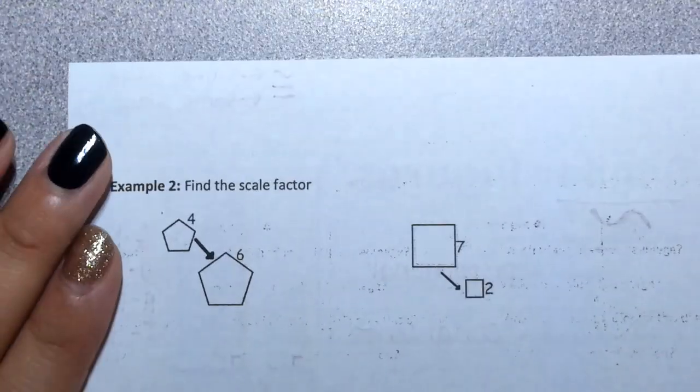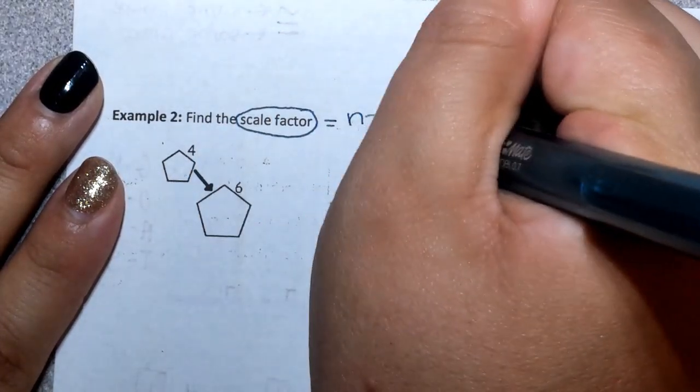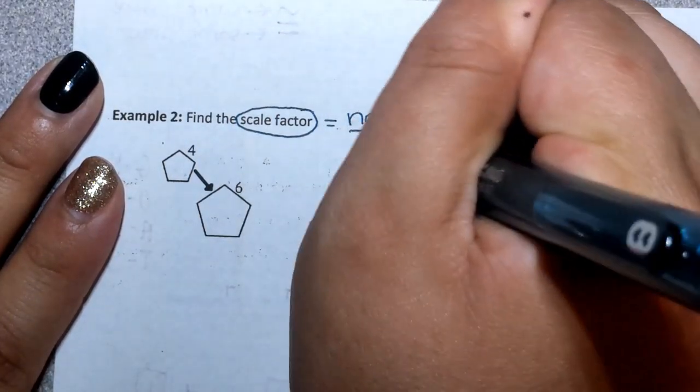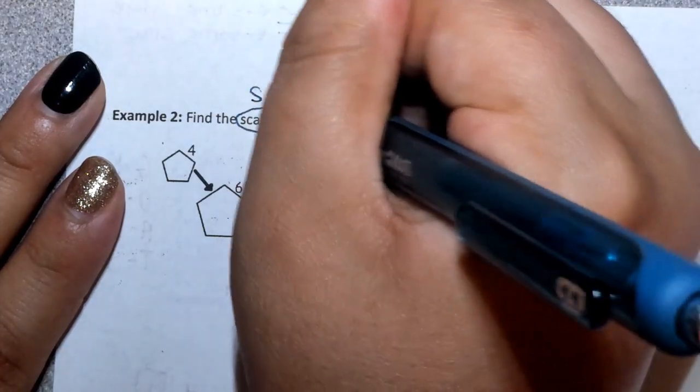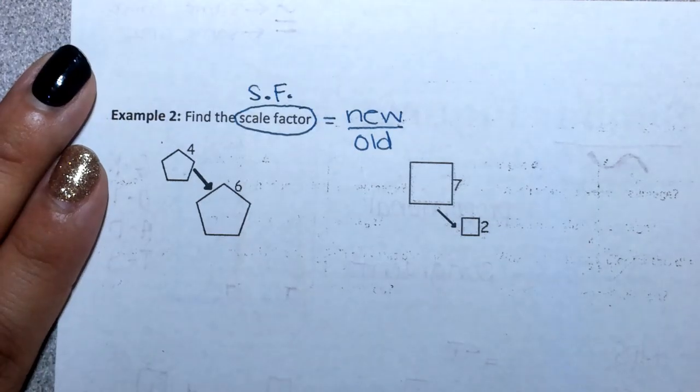Alright, example number 2. How do we find scale factor? New over old. Everybody write that down, please. And by the way, I'm going to abbreviate scale factor SF. Are y'all okay with that? Bella, you with me over there? Okay.